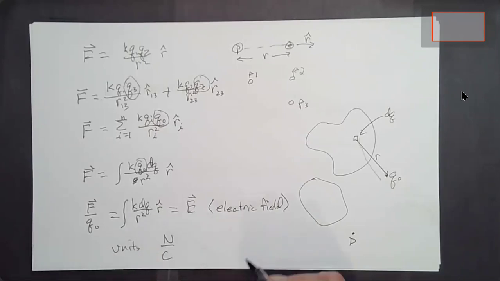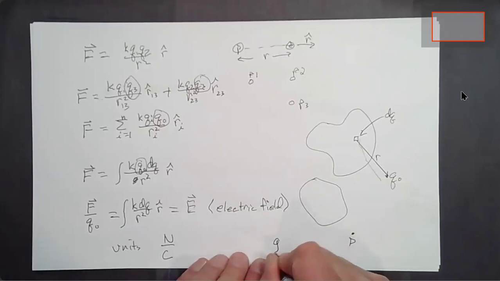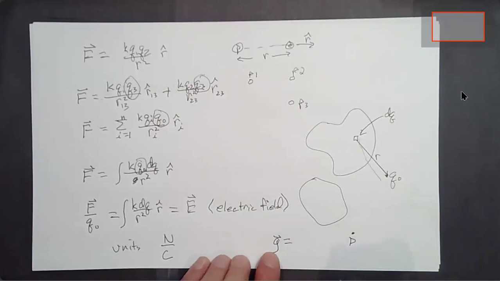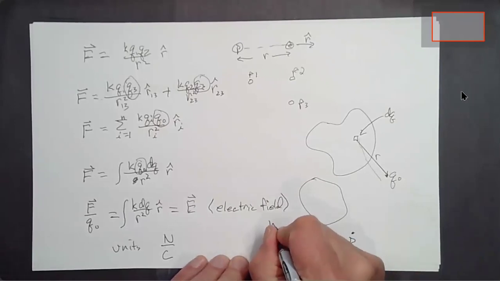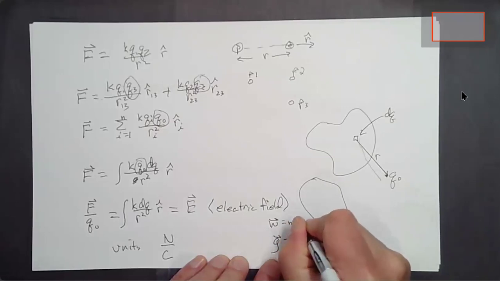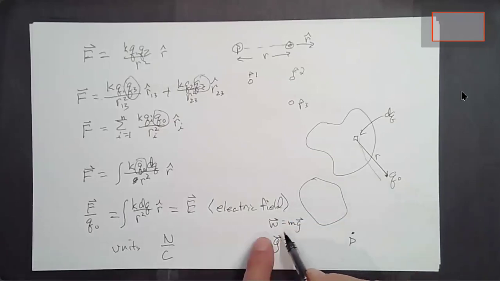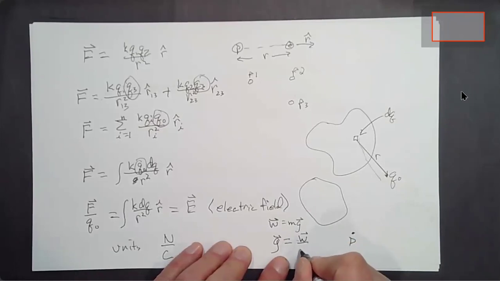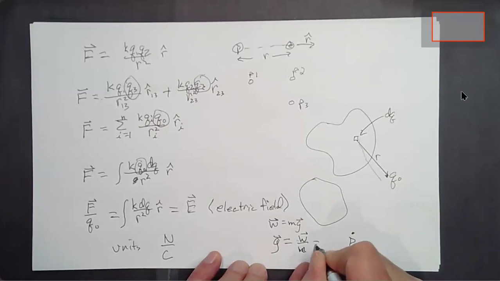Now, that's the units of the electric field. If you think about the units of the acceleration due to gravity, remember weight was equal to mg. Well, if you solve this, weight is going to be measured in newtons. If you divide that by the mass, you can think of the gravitational acceleration as being the weight per unit mass at some point in space.